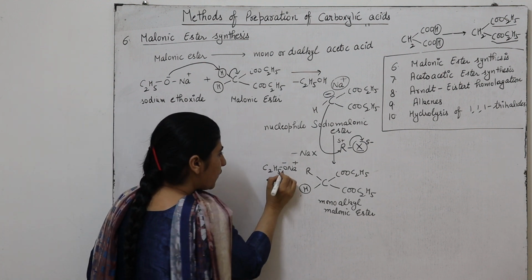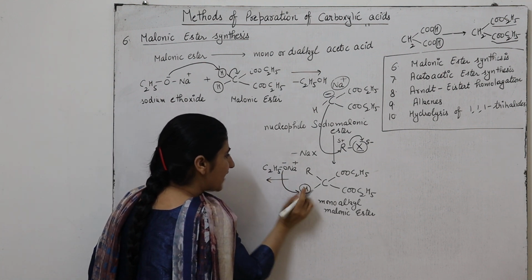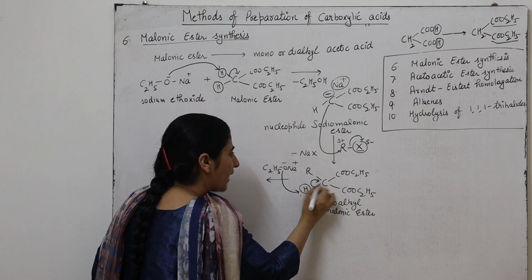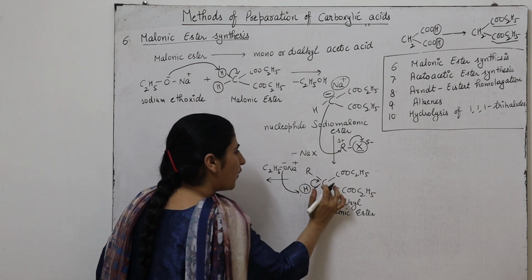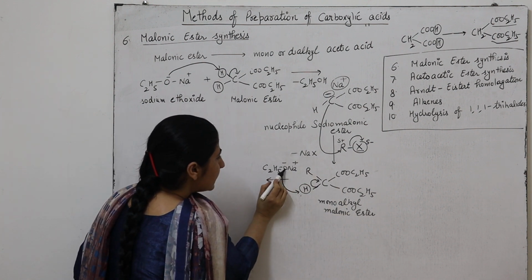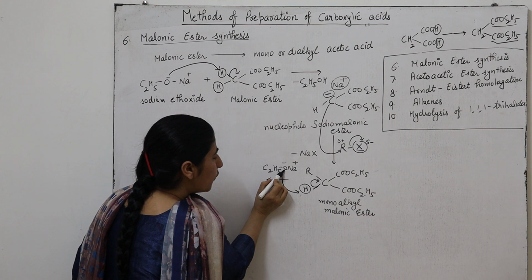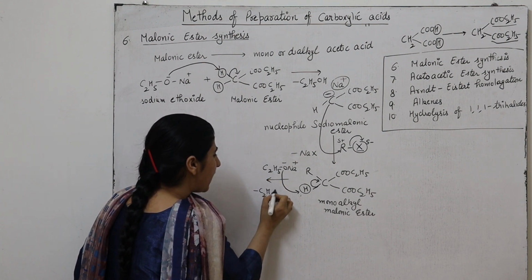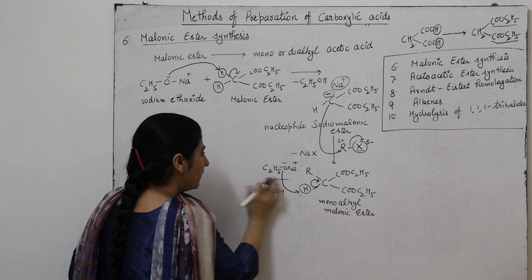When it reacts again with sodium ethoxide, the ethoxide again abstracts H positive, and there is a migration of the carbon-hydrogen sigma electrons toward the carbon. The H combines with OC2H5 and is eliminated in the form of C2H5OH.